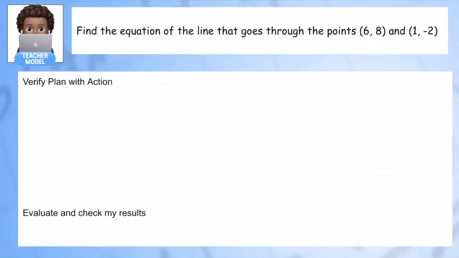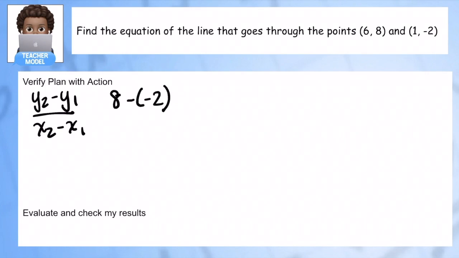All right, let's put this plan into action. We're going to use our rate of change formula, y2 minus y1 over x2 minus x1, with these 2 points. 8 minus -2, here are the y coordinates, and our x coordinates are 6 minus 1.